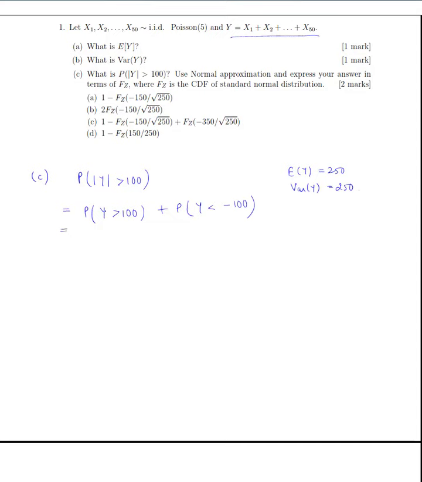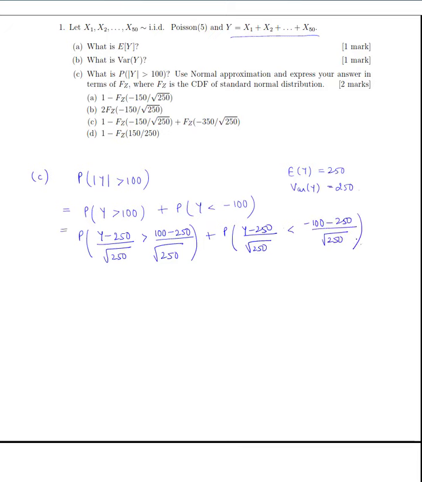Now to convert this y to the standard normal form, we will have to subtract its mean from y and divide by its standard deviation. We'll do here probability of (y minus 250) divided by root of 250 greater than (100 minus 250) divided by root of 250, plus probability of (y minus 250) divided by root of 250 less than (minus 100 minus 250) divided by root of 250. This (y minus 250) divided by root of 250 becomes z, right?